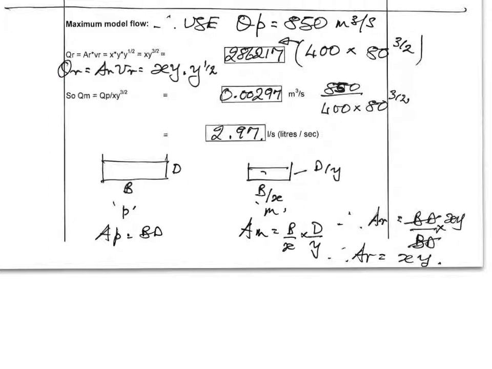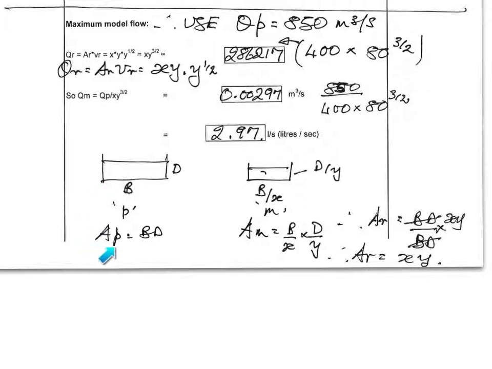So QR is xy times y to the half, or xy to the 1.5. And that's a result that we're going to inevitably use if we ever have to work out the model flow. So QM would be QP over xy to the 3/2, work it out, just under 3 litres per second.